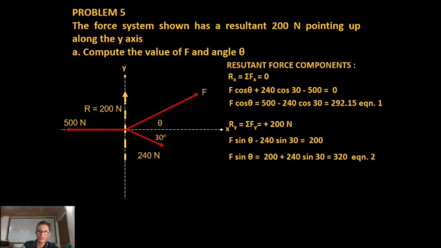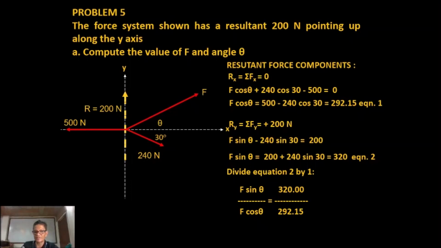Having equation 1 and equation 2, we can solve simultaneously for F and theta. However, what we will do there is divide equation 2 by equation 1. By the way, the one on top is equation 2: F sine of theta is equal to 320, and F cosine of theta is equal to 292.15.